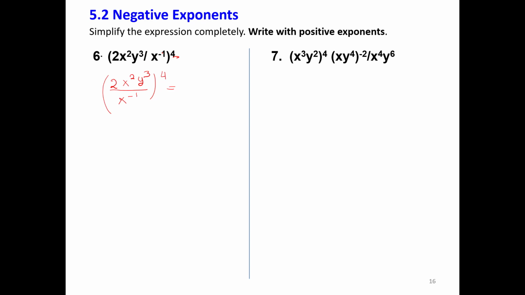Then we can write this one like 2x to the second y to the third times x to the minus 1. Because it's in the denominator, it is negative, so we can move it to the top, but we change the sign, and it will be x to the 1. We don't need to write 1 because we know it's 1, but let's write 1, and maybe in this way you will remember.